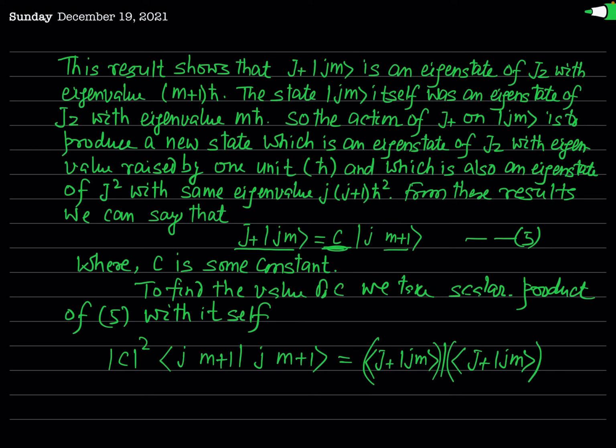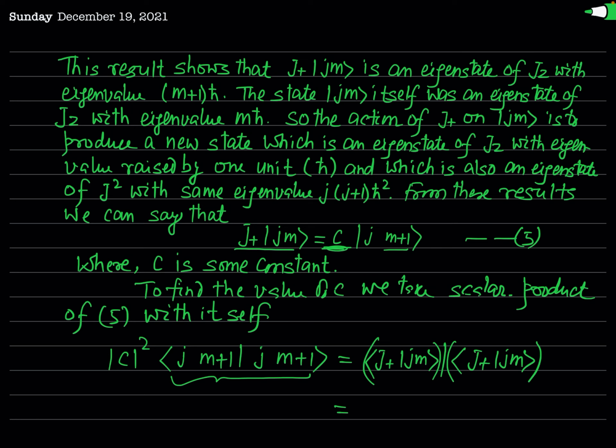Now you can see what will be the scalar product of J m plus 1 with J m plus 1. As you know, J m plus 1 is actually normalized, so the scalar product of J m plus 1 with itself will be equal to 1.